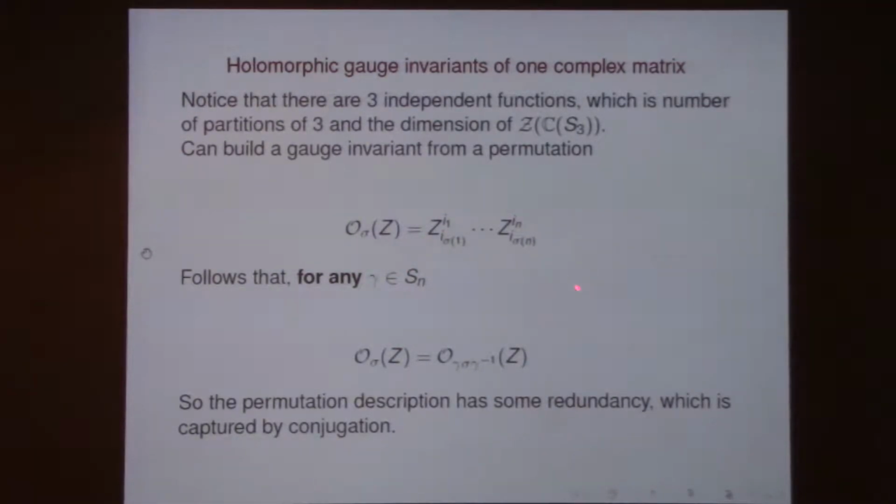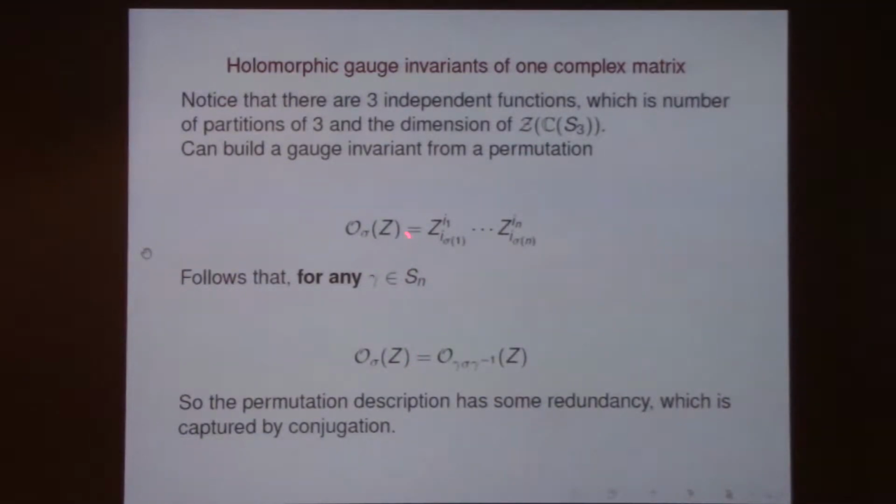Now, because of the bosonic statistics of the Zs, these Z variables are commutative variables, you can move them around, and that moving around corresponds to a relabeling of these indices. And that relabeling is itself given by a permutation gamma in Sn.